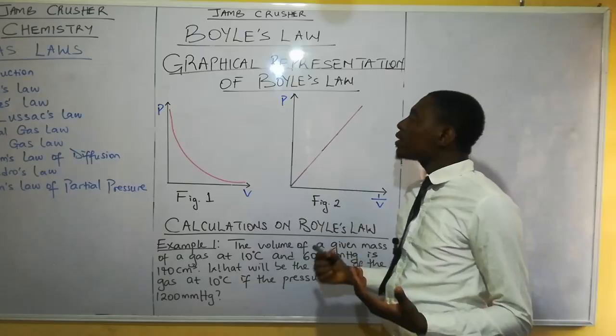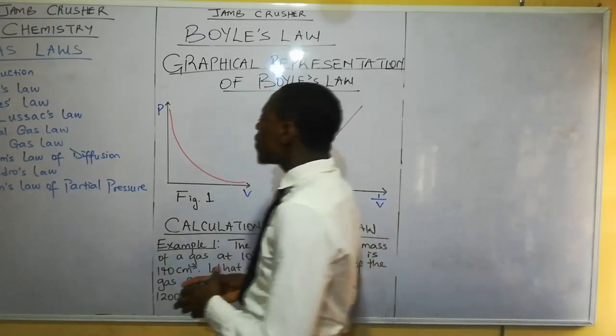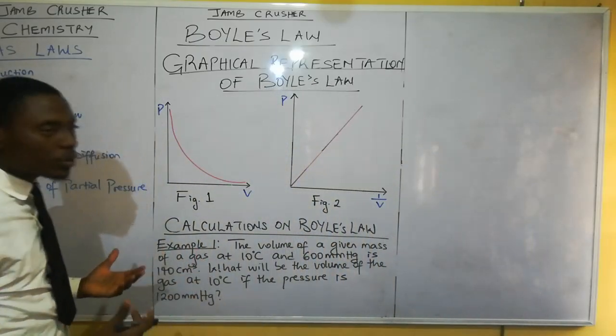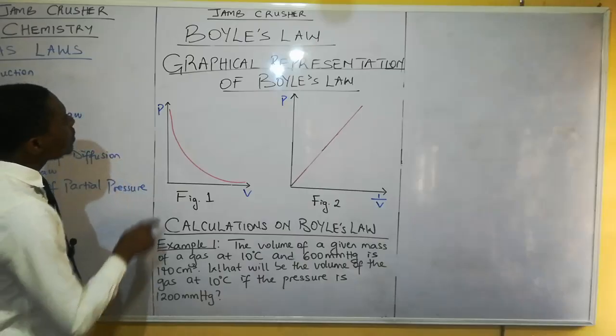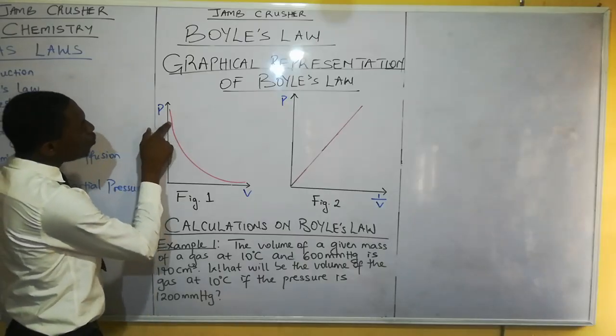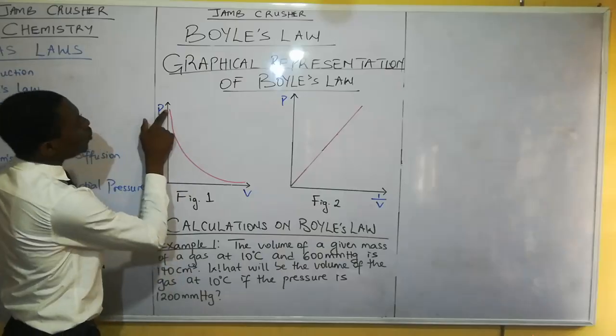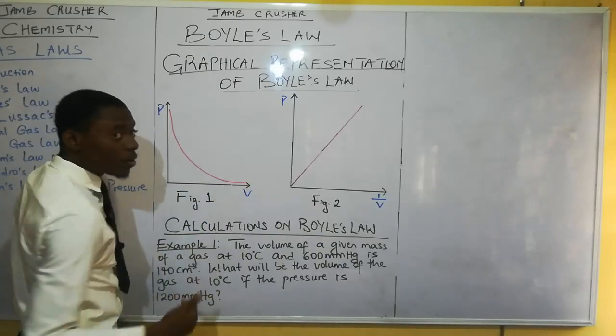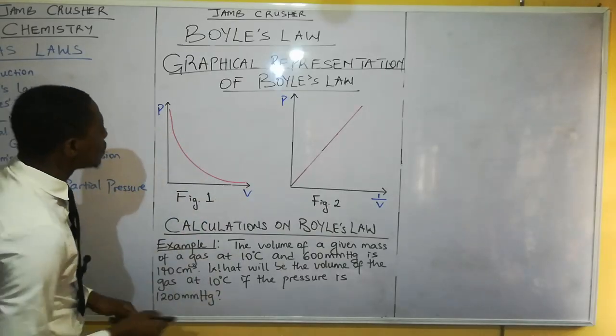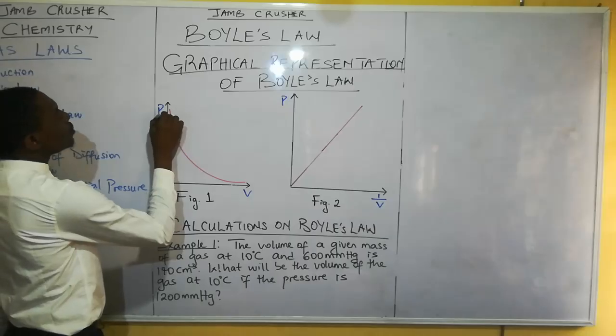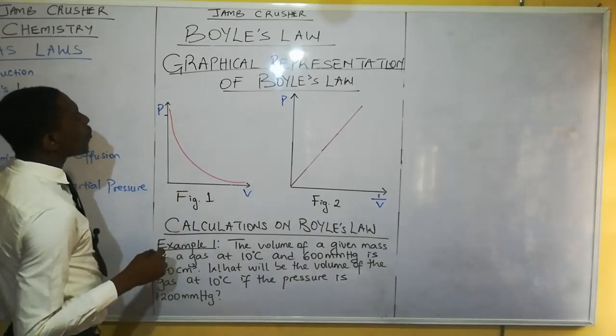So now, how do we graph that? Since we are having an inverse relationship between pressure and volume, it means that this curve will slope downwards like this. What does that mean? Now let me tell you what it means. This is the highest value of the pressure.